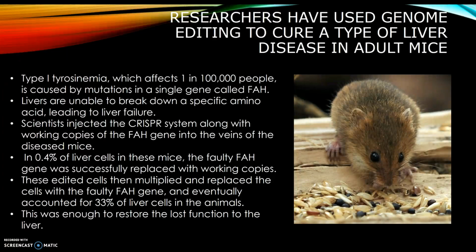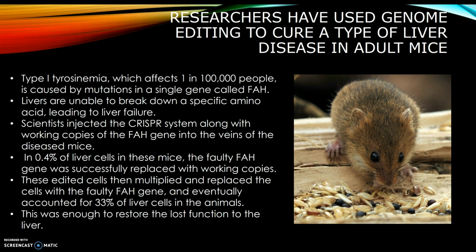Okay. So moving on, researchers, this is super cool, have used genome editing to cure a type of liver disease in adult mice. This disease affects 1 in 100,000 people, and it's caused by a mutation in a single gene called FAH, where livers are unable to break down specific amino acids, leading to liver failure.